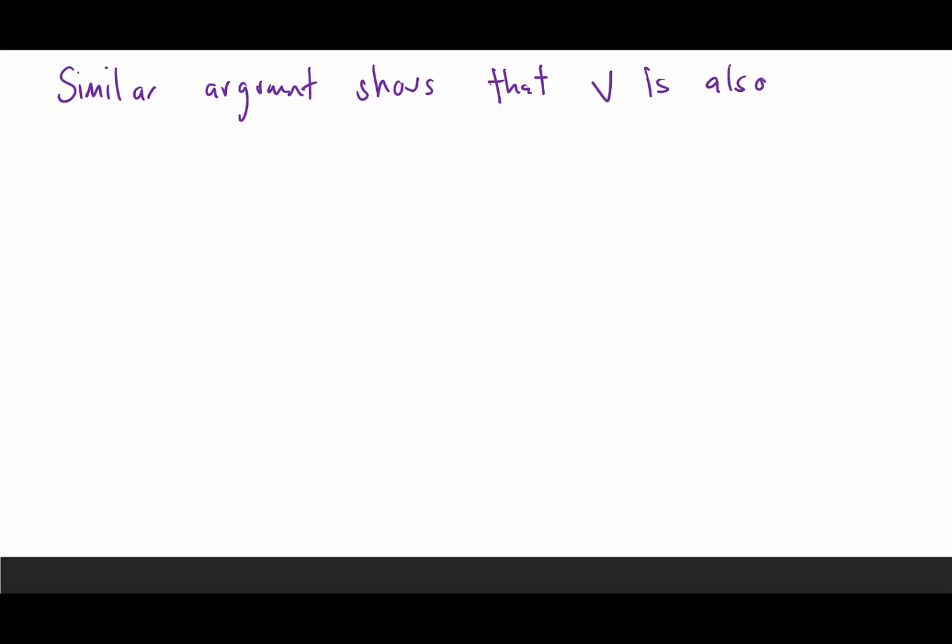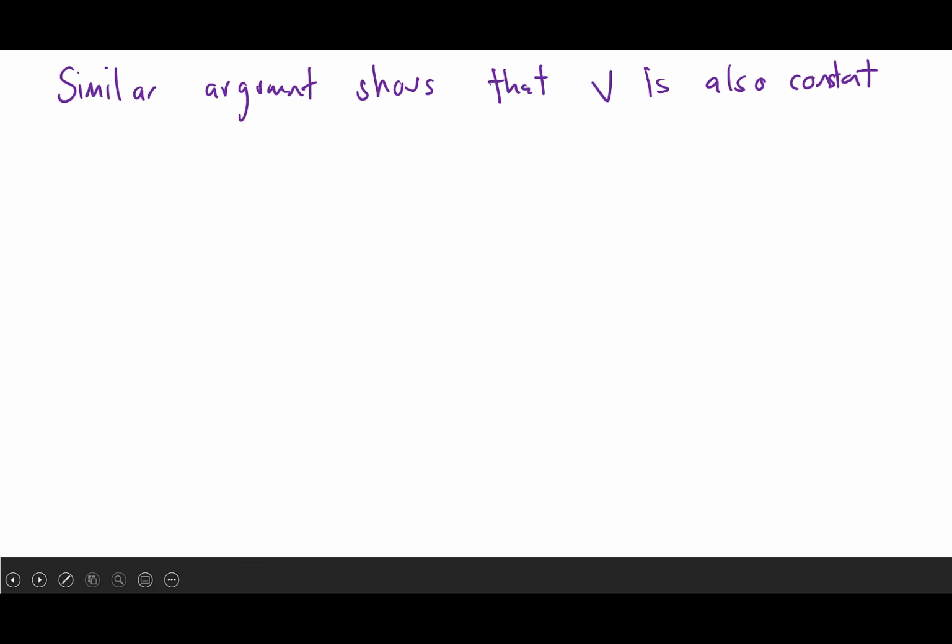Okay, so a similar argument shows that v is also constant. You just replace the u's with the v's. Instead of focusing on u as a single variable function, you can also say that v is a single variable function, and then using calculus again, you can show that that is constant.